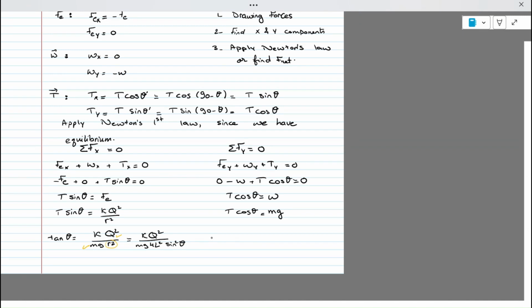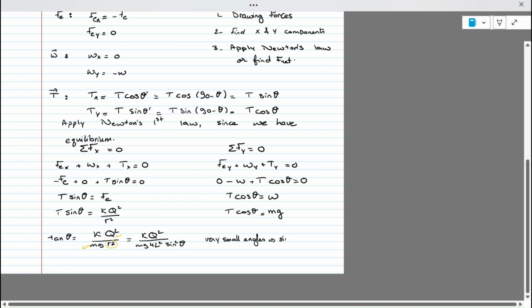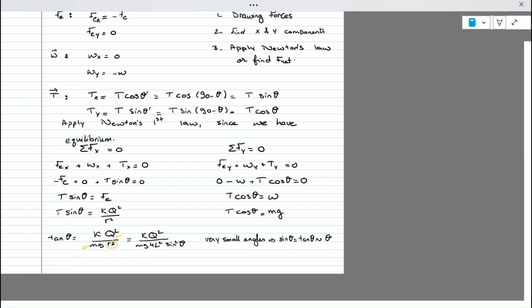Now, if we are given the situation of very small angles, which makes sense for electric forces because usually they have very small magnitudes, so we expect our bobs to barely get lifted from their equilibrium position, then sine theta equals tangent theta, and these can be approximated by theta itself. So then we can rearrange the equation.